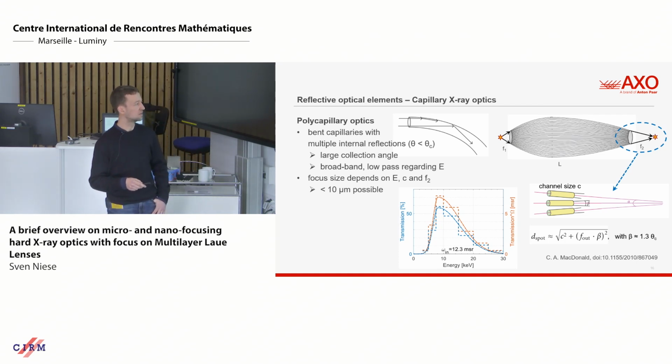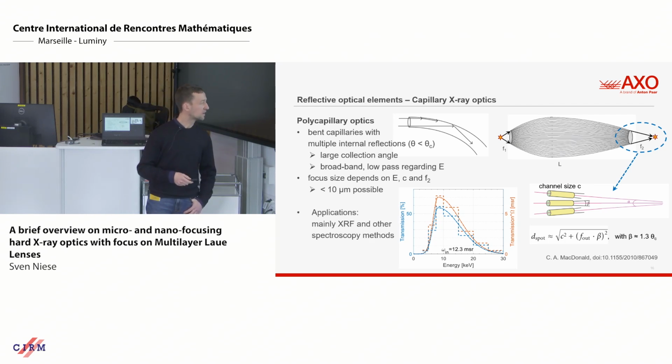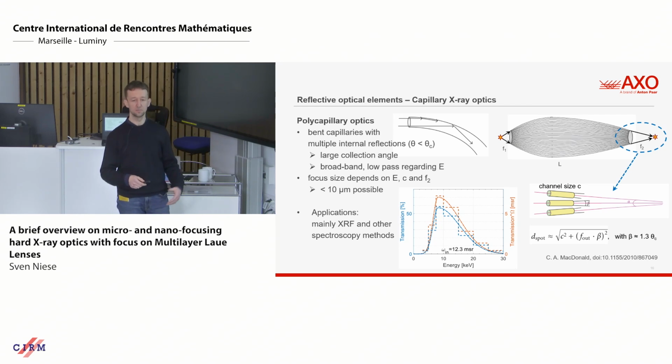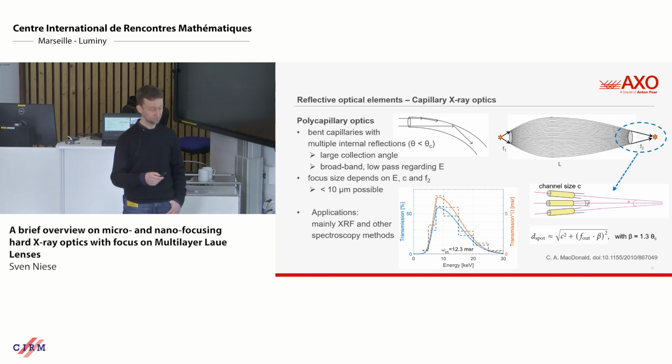This means if you want a 10 micron focus, you only have a couple of millimeters of secondary focal length or working distance that you can realize, whereas for the monocapillaries you can have much longer distances. Applications are mainly X-ray fluorescence, because that's a spectroscopic method where I really want to take advantage of the broadband behavior.